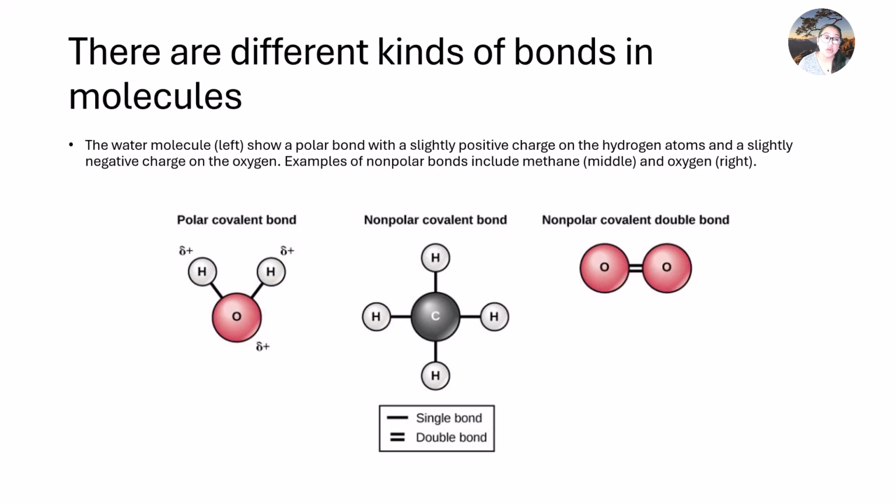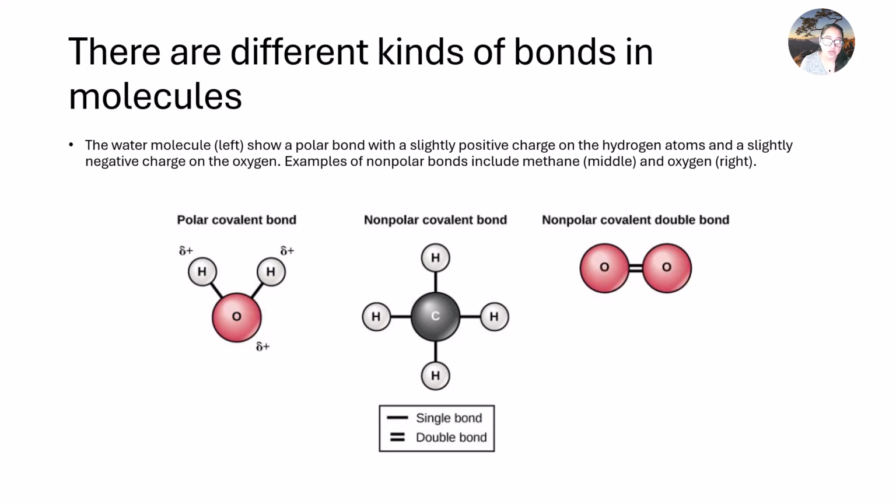There are polar covalent bonds. Covalent bonds can be either polar or non-polar. Polar covalent bonds mean that one part of the molecule will have more of a positive charge, and one part of the molecule will have a negative charge. Again, that's just because of the way those atoms interact with each other.